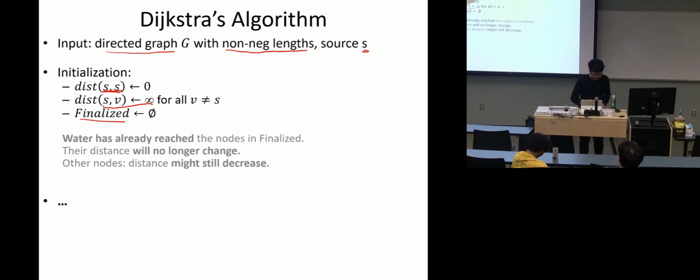You think of this variable as a distance estimate, because it will keep going down, but for the ones that are already finalized, this variable will not change.